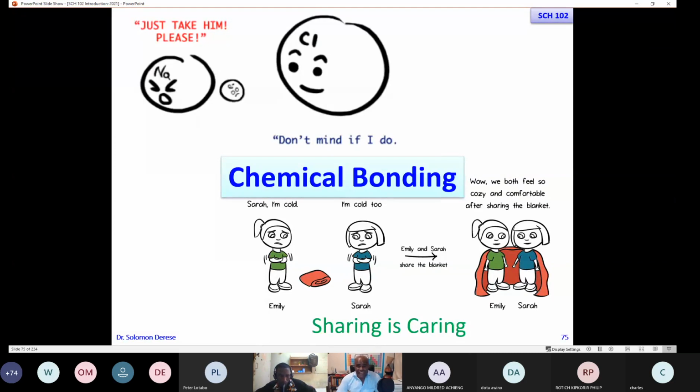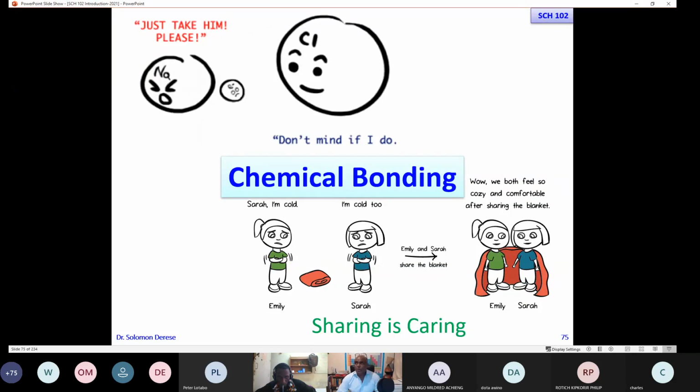Whether the atoms will achieve their stability through sharing of electrons or transfer of electrons will depend on the nature of the atoms involved in chemical bonding. For example, you remember sodium chloride, salt, chumvi, is an ionic compound.